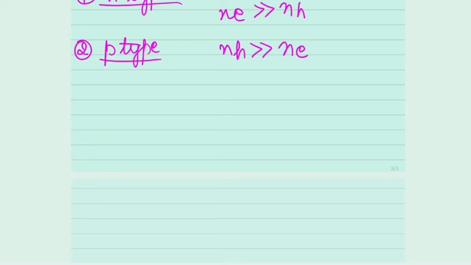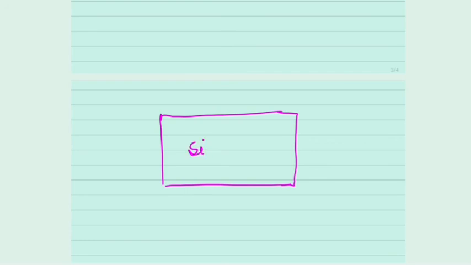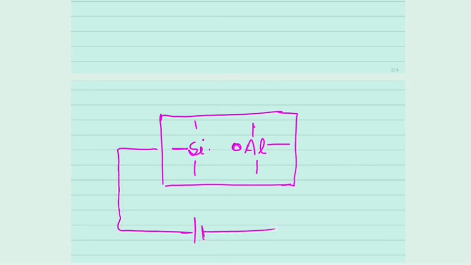Suppose I have one of my semiconductors placed over here. This is my box which I assume to be a semiconductor made up of silicon. Now if I am adding here a trivalent impurity like aluminium, we know how it will be. Here will be the electron and here will be the hole, and all the rest of the atoms will be formed. Now I am connecting this with the battery, which is positive here and negative here.